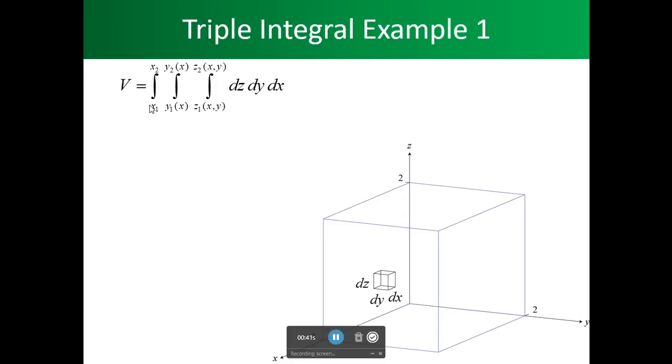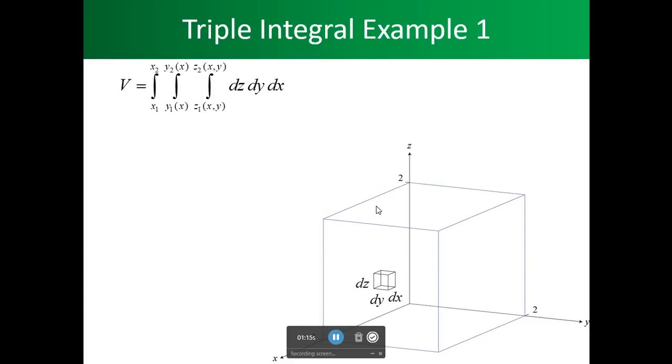We talked about how to determine the limits on each of these, where z1 is a function of x and y, z2 is a function of x and y, and when x is a function of y, and then we saw that we have constants for our x1 and our x2.